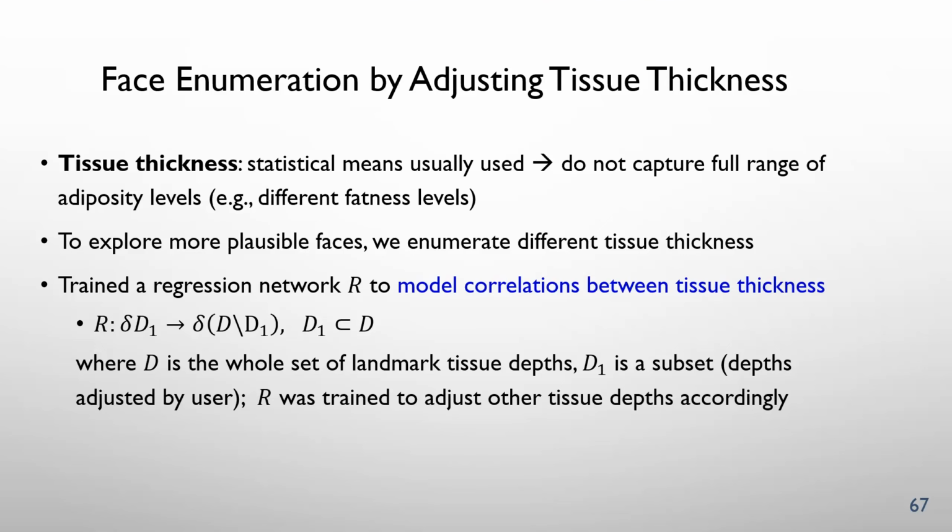This network takes in a delta tissue depth. On some regions, we might adjust or perturb the tissue depth, and then this network will output the most likely distribution of the tissue depth on the other regions.